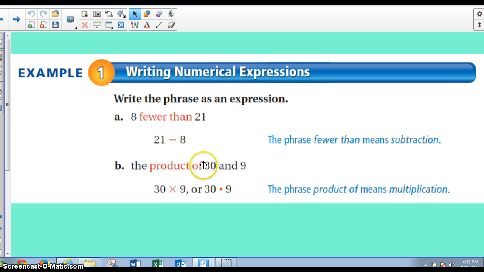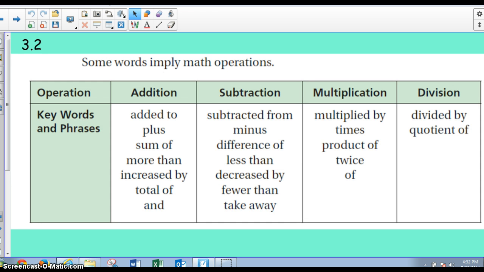The product of 30 and 9 means multiplication, so it's 30 times 9, or 30 times 9 written this way. Pretty easy. You're just looking at those words that you just read in the chart. If you can't figure out what they mean by something, this should help you.